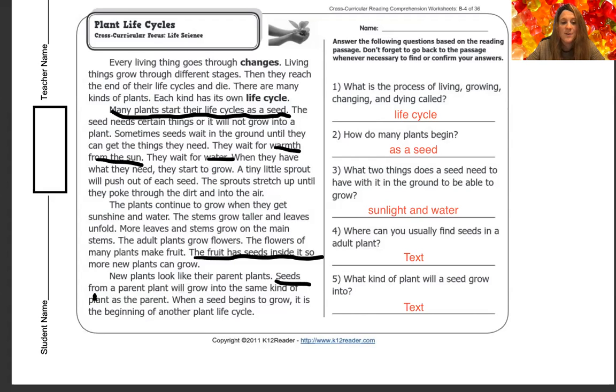Seeds from a parent plant will grow into the same kind of plant as the parent. Okay. So what kind of plant will a seed grow into? And you guys are going to write the same kind of plant as the parent. And I want you guys to do that all on your own because I underlined where it was in the passage and you guys can copy it.